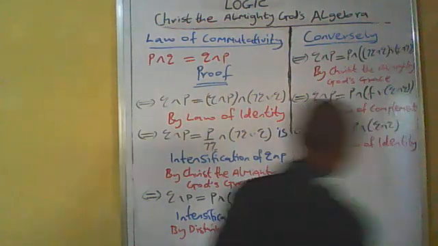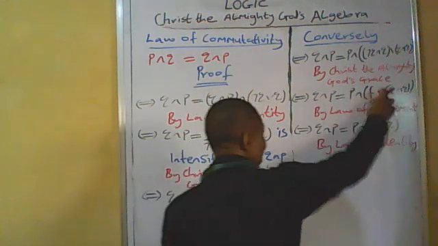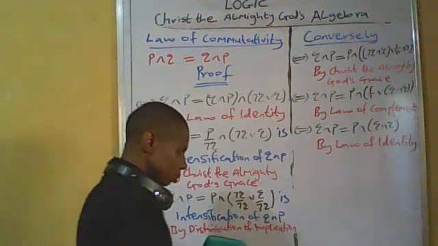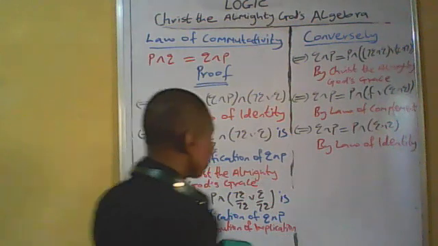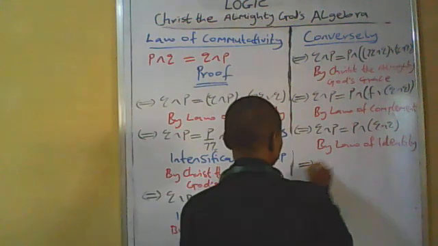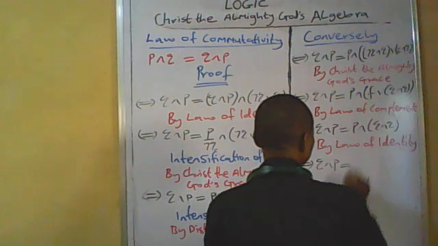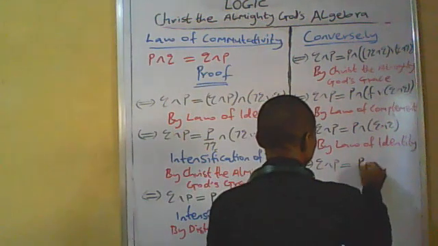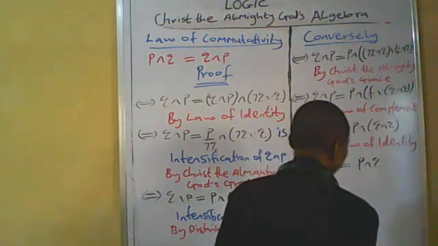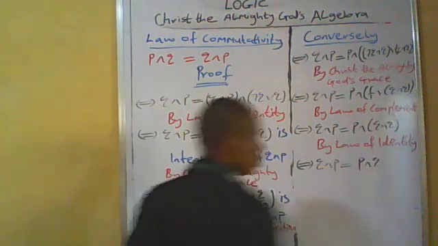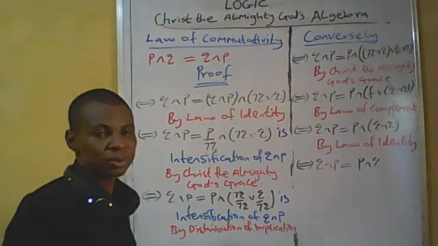So it's law of identity that substitutes this F or bracket Q and Q with Q and Q. So if and only if Q and P is equal to P and Q. Now you see that this Q and Q is substituted with Q by law of idempotent.